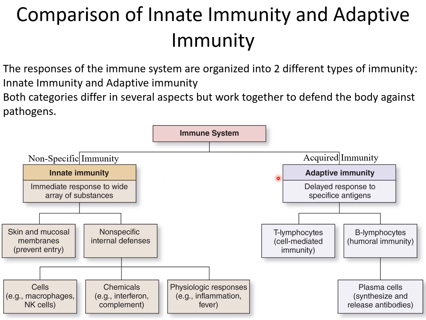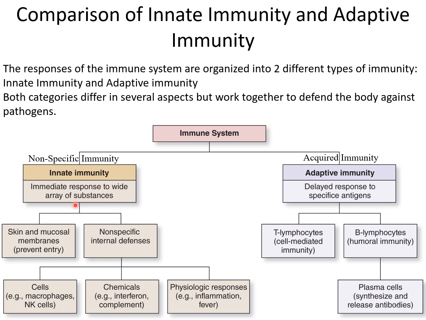Over here in the adaptive immunity, this is a delayed response, and it's delayed primarily because it is specific. We need time to develop a particular response to a specific pathogen. So in this case, it would say, I remember that particular bacteria, and here's the cell I've created to attack it. So it's specific and it's delayed, and it does require the development of new cells that target these specific pathogens.